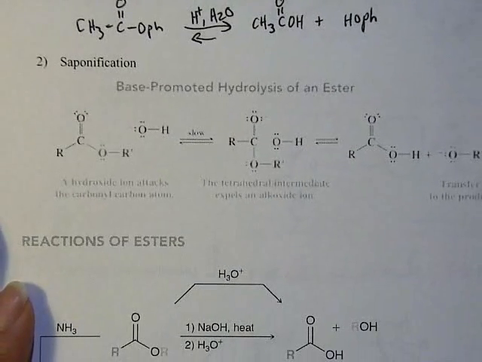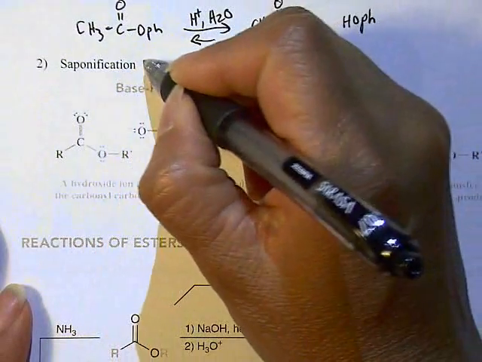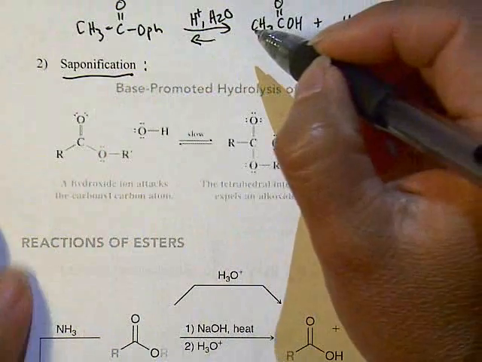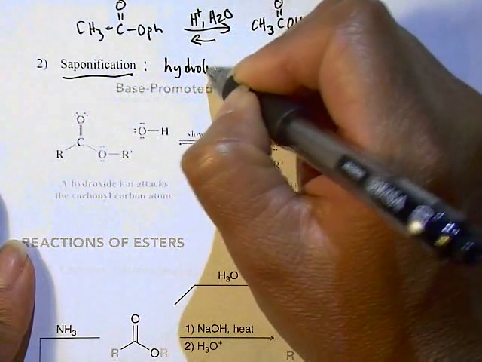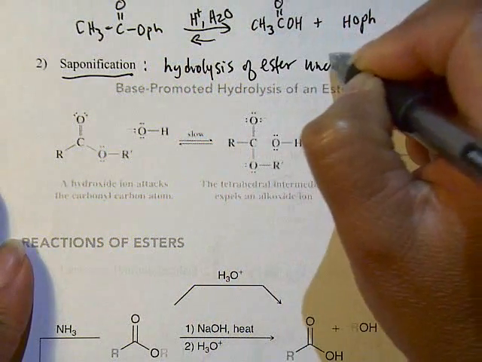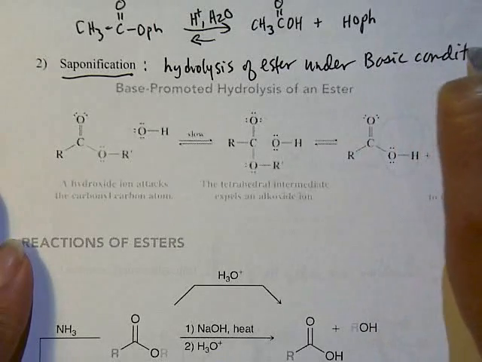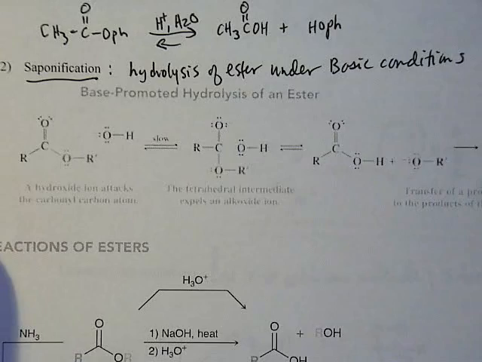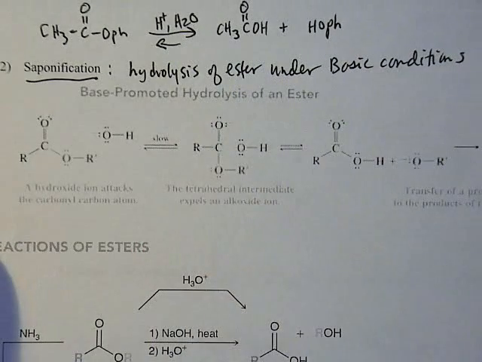You could also hydrolyze the ester under basic conditions, and that has a special name called saponification. All right, so this is hydrolysis of ester under basic conditions. Okay. Now, this mechanism is going to be obviously different than under acidic conditions because we don't have acid around.